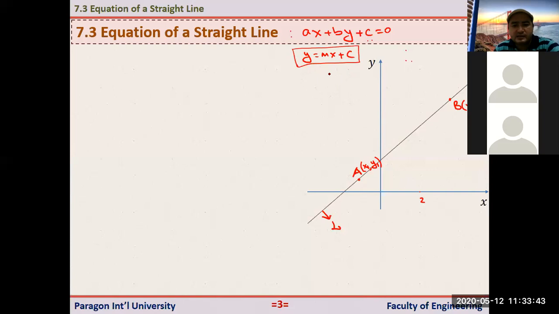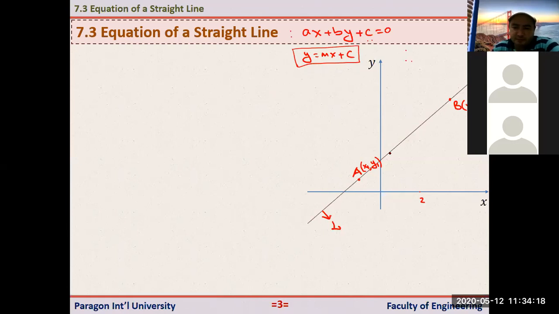Or if you have any kind of income, you need to pay tax to the government, depending on your income. The more income you have, the more tax you pay, and they use a linear function to calculate it. Your electricity bills also use linear functions. These are just some examples, but here I'm just going to give you some basic idea about the equation of a straight line.